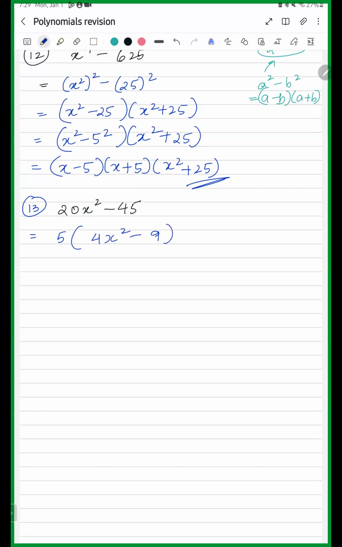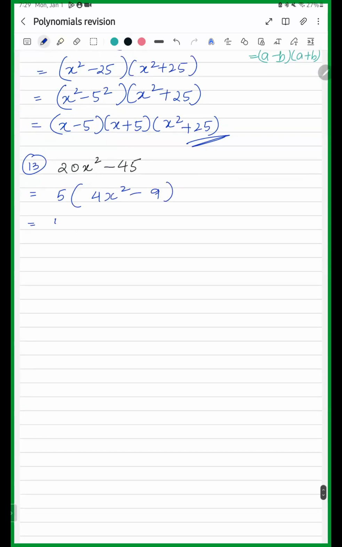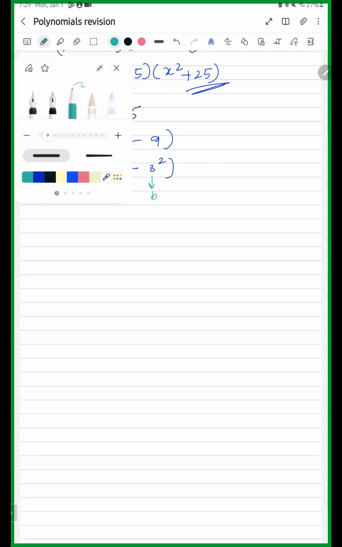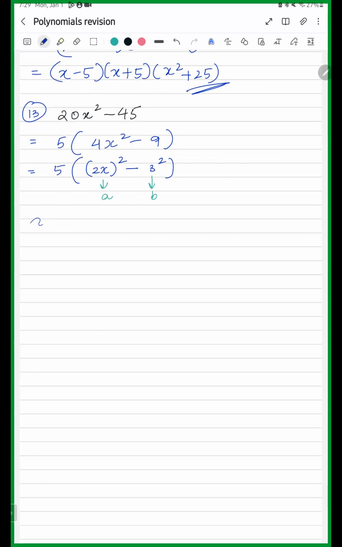Now this can be written as 2x whole square minus 3 square. So now we have gotten our a and our b, a square minus b square. So this can be written as 5 into a plus b, a minus b. This is the answer.